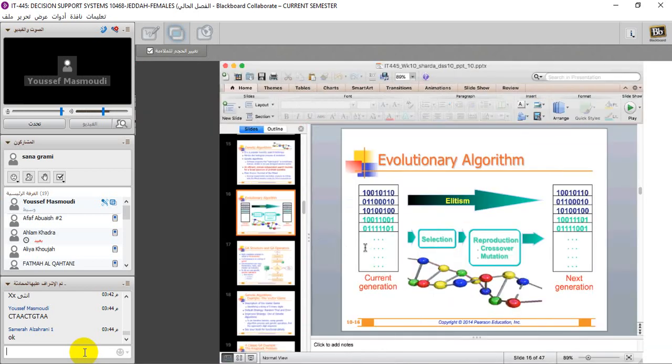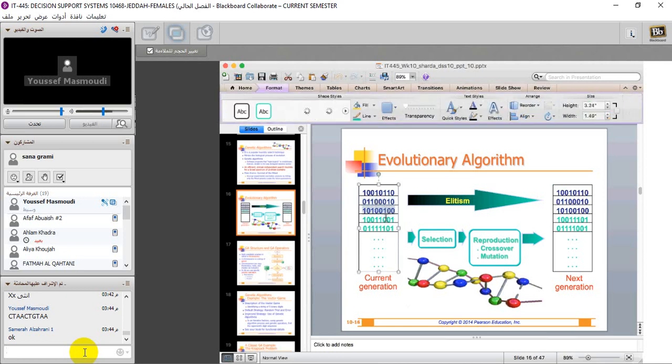So here in this example, we are presenting an example of a chromosome like 100101110. Okay, so this is a person, and this is the chromosome of a person containing this information. This is another person, and this is the information that his chromosome contains. And this is another one. Okay, etc.